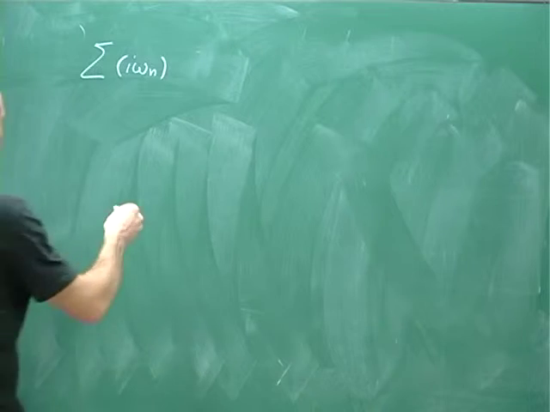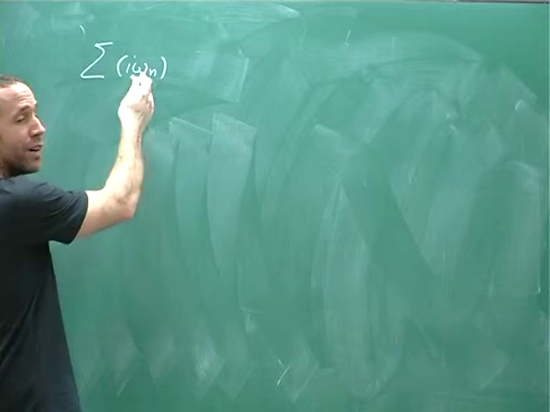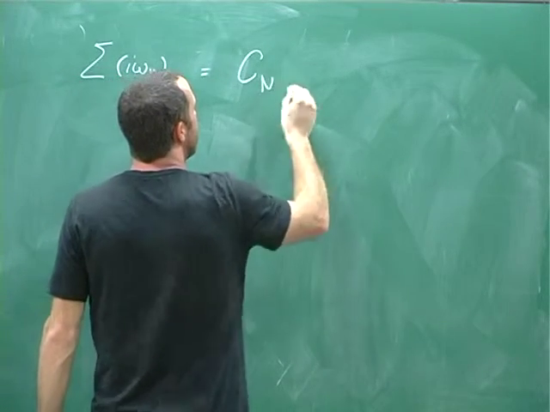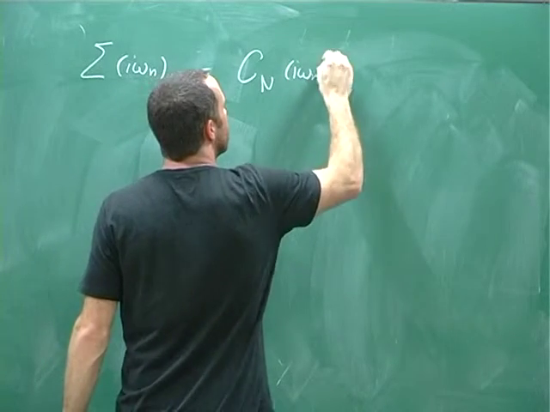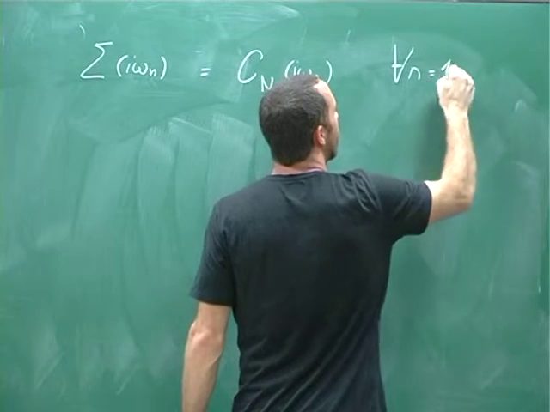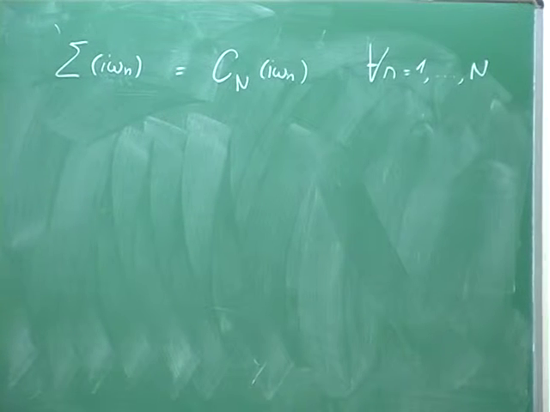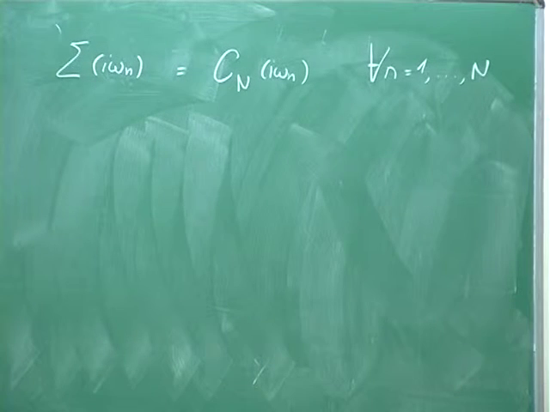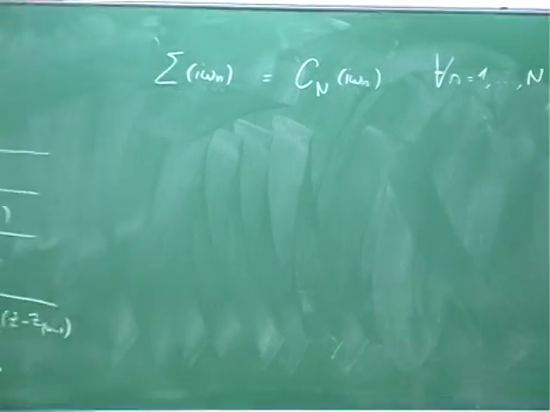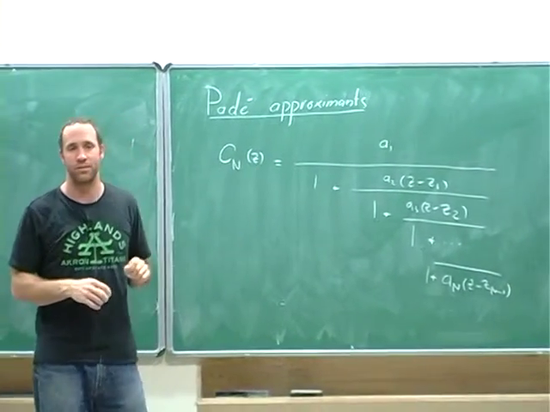I would like to find a way to say that at this finite number of points, this is the same as my continued fraction C_n taken at i omega_n, for all n ranging from 1 to N. So basically I have to find the coefficients a1, a2, a3, up to a_n, in order to have this condition satisfied.